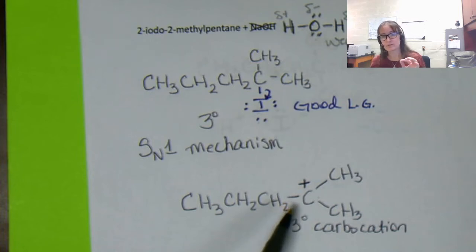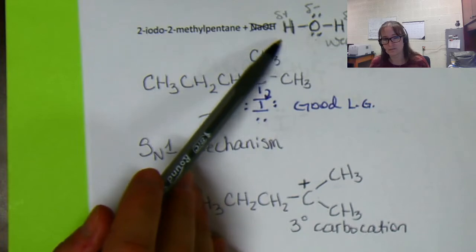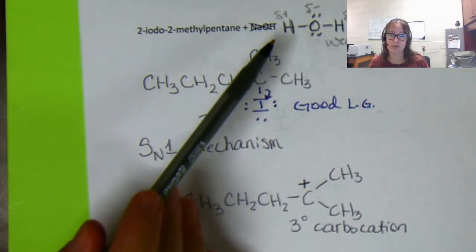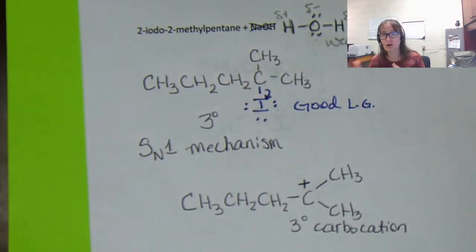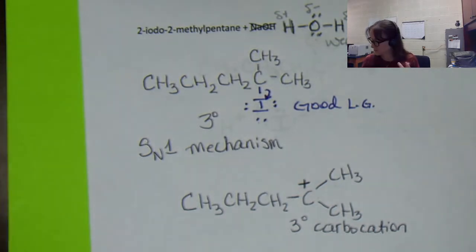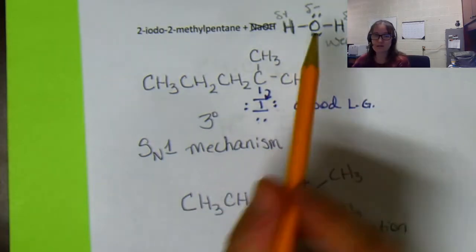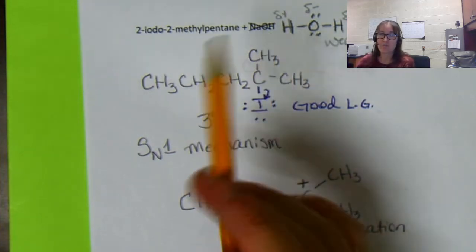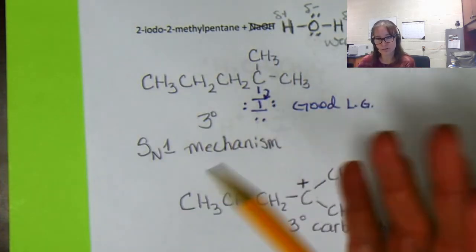The other thing that helps stabilize this is if you have a polar solvent that can form hydrogen bonds, because hydrogen bonds are the most polar of the intermolecular forces. We studied this in general chemistry too, intermolecular forces. So water forms very strong polar intermolecular forces.